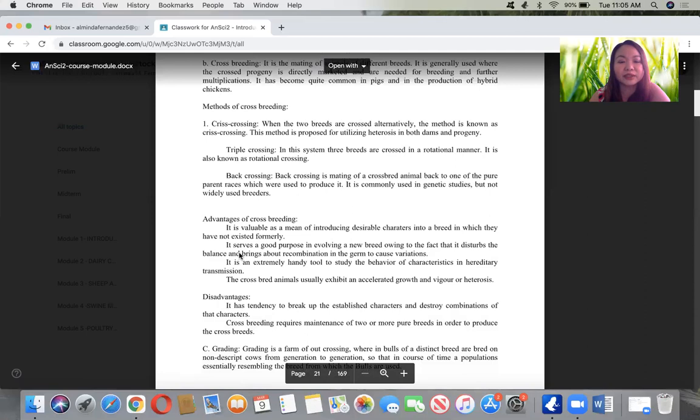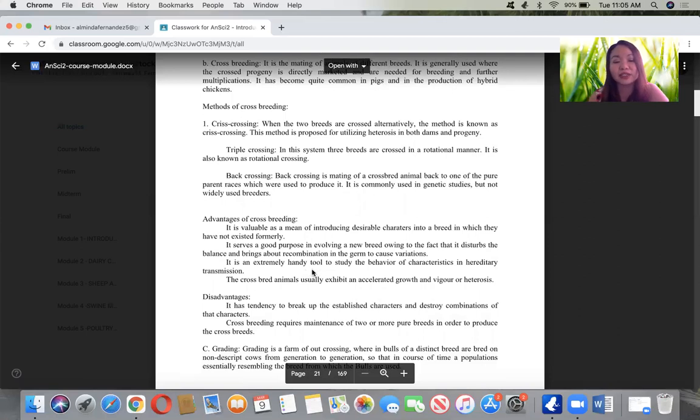The advantage of crossbreeding is it's a means of introducing desirable characters into a breed in which they have not existed formerly. If you want certain characters for the next progeny to have, crossbreeding is done. It's also good for evolving a new breed, since it disturbs the balance and brings recombination of the germ plasm to cause variation.